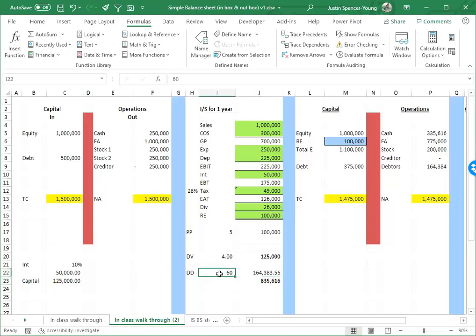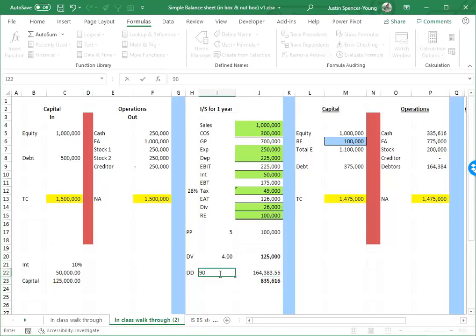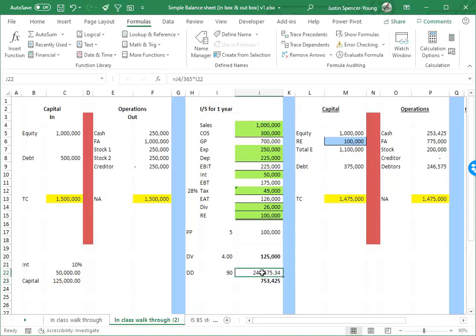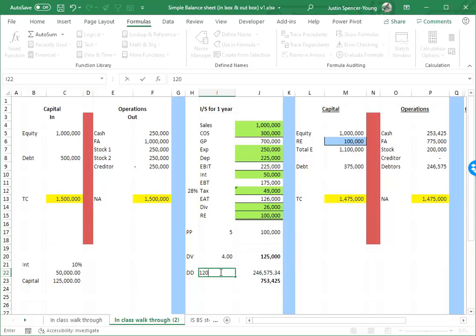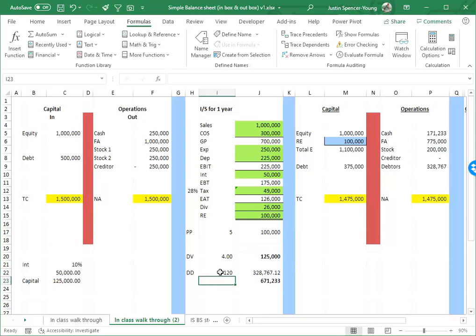Okay, so if we made this 90 days, we would see how the debtors gets bigger and the cash gets smaller. Maybe your customers take 120 days, around about 4 months to pay you. And what you're noticing is how the debtors number gets larger and the cash number on the balance sheet gets smaller. You could find out, let's add another 30 to that.